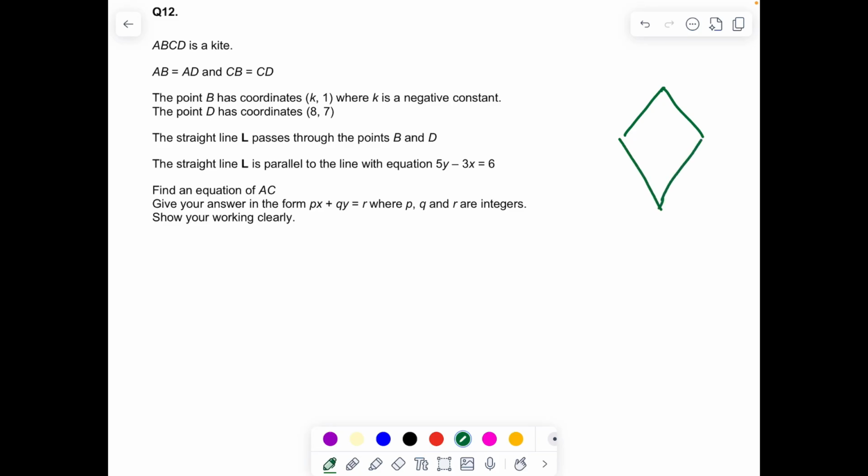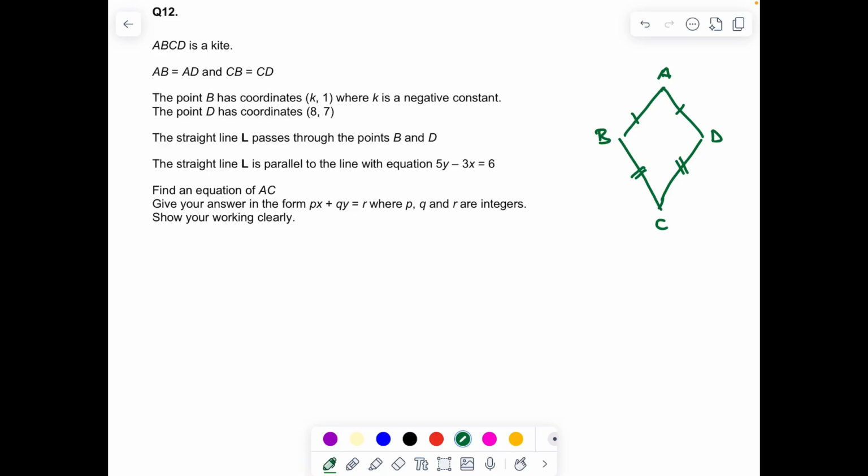And we know that AB and AD are equal, and CB and CD are equal.